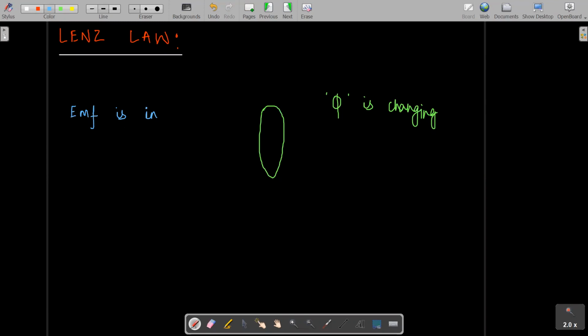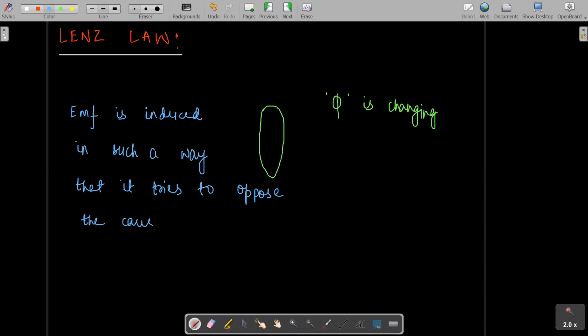So I am giving you a very simple definition for Lenz law: EMF is induced in such a way that it tries to oppose the cause which has produced it.